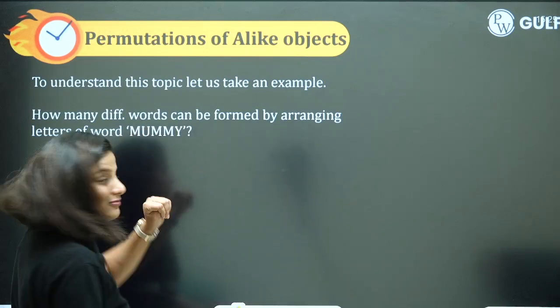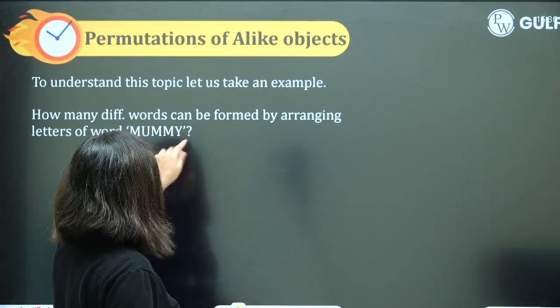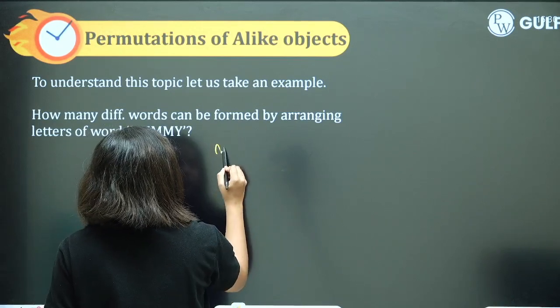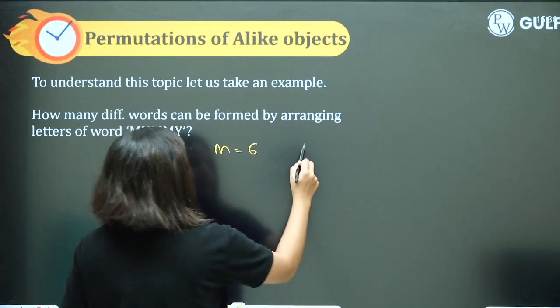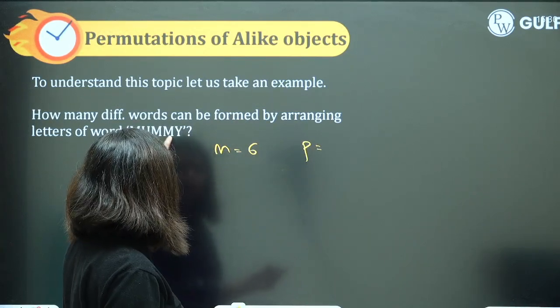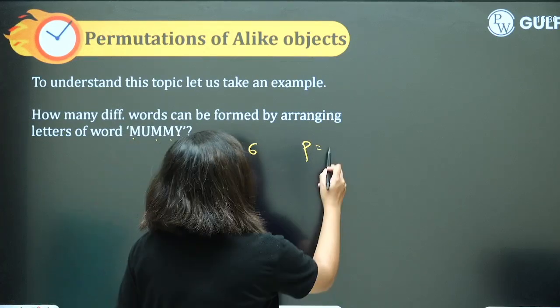If you want, there is an example: Mummy, M-U-M-M-Y. 6 letters, so this m value is equal to 6. How many of them are alike? Value of p: 1, 2, 3. Three objects are identical. p is 3.